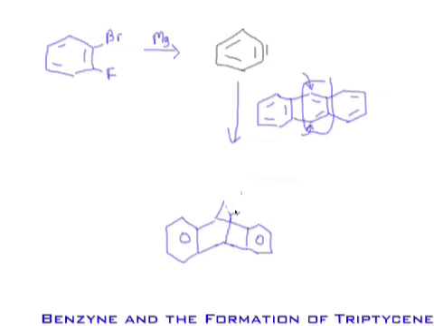So what happens is we get bonds here and here, and we form our ring.